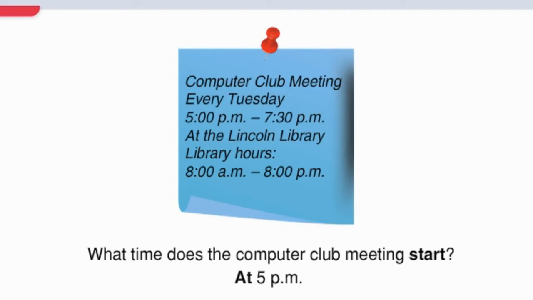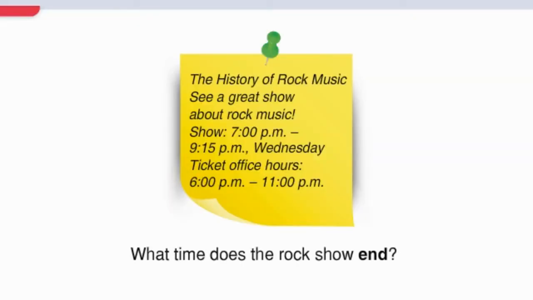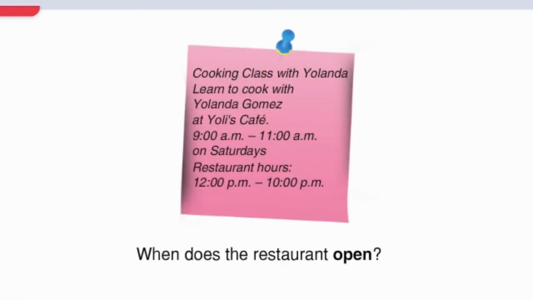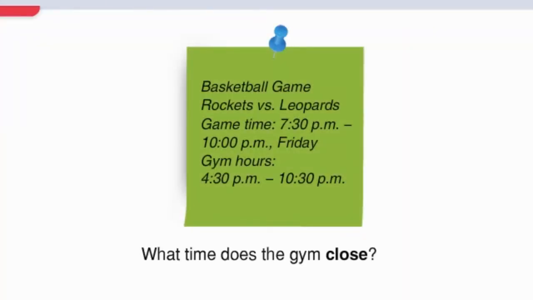At 5 p.m. What time does the rock show end? At 9:15 p.m. When does the restaurant open? At 12 p.m. What time does the gym close? At 10:30 p.m. Check your understanding.